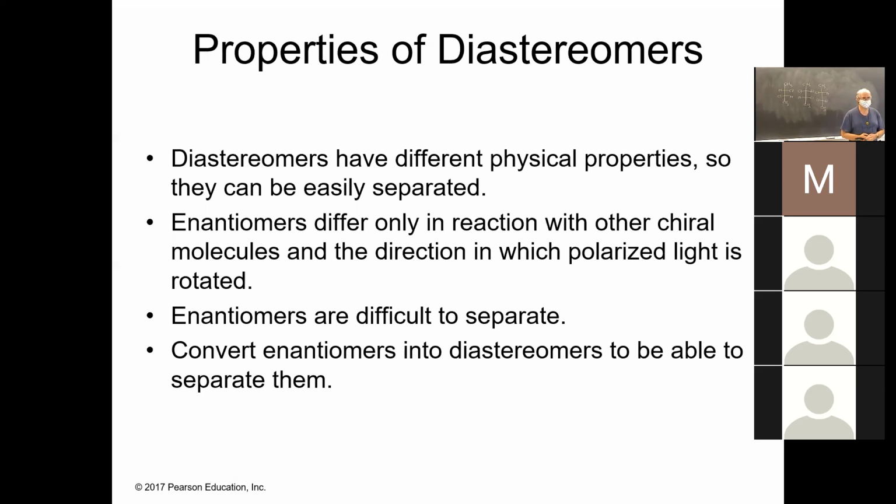Because enantiomers have the same boiling point, it would be impossible to separate enantiomers, say, by distillation. To separate by distillation, they have to have different boiling points. Diastereomers, though, can be separated. Because diastereomers belong to the same class of compounds, they often have properties that are very similar.